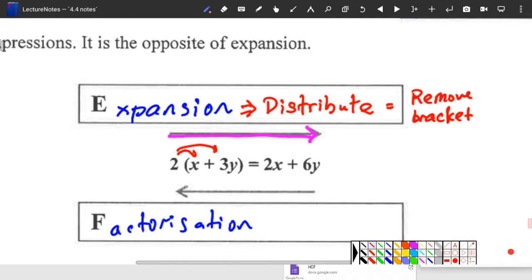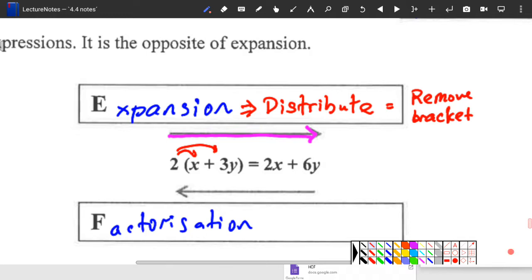Remove the bracket. So, the whole of 4.3, we are talking about just this part. So 4.4, we are talking about the first, let me finish this. Let me talk about this one, then you go. Okay, factorization. Now, factorization is the opposite.